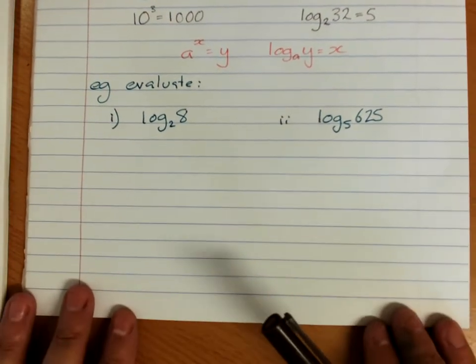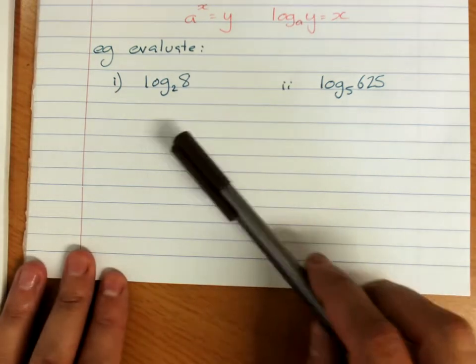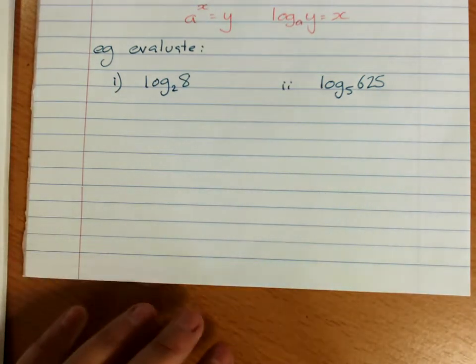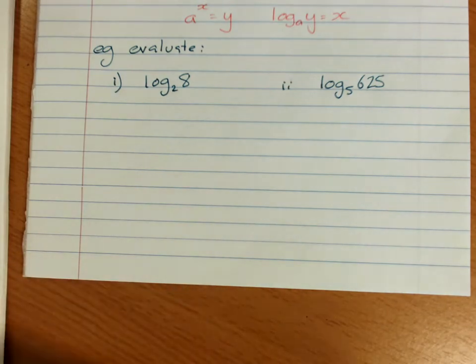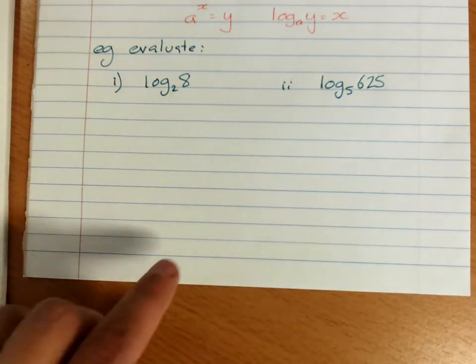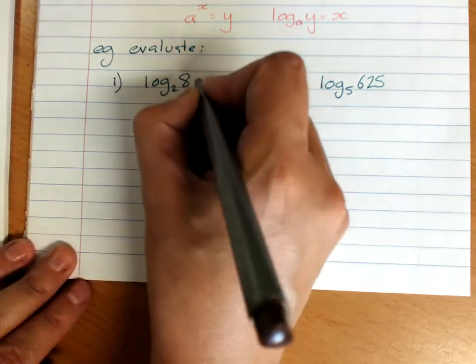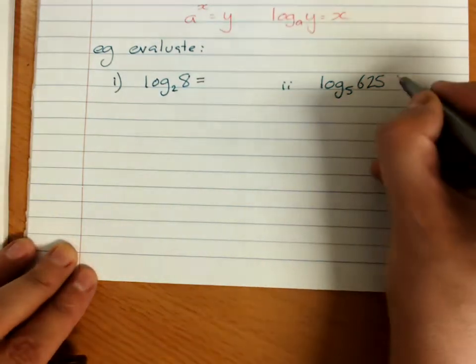Now here's the trick. They've asked us to evaluate something that's in log form. You show us how to do it on calculators? Yes, but not this lesson. So the question, calculators, not yet. Obviously when they say evaluate, they want to know what this equals.